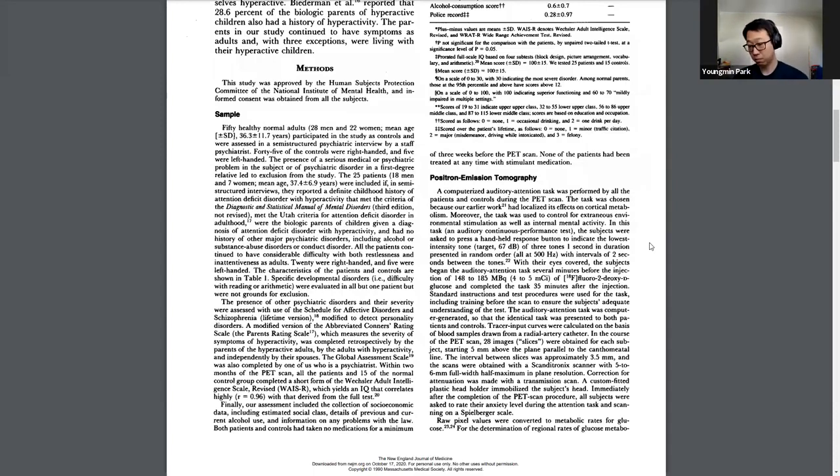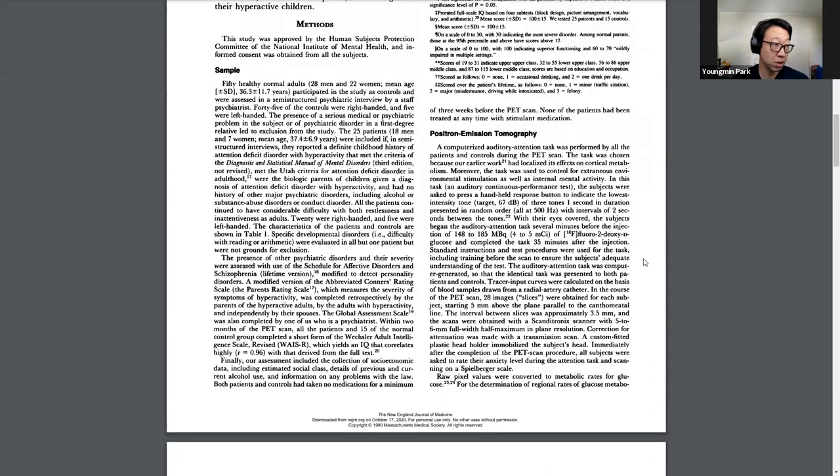Really cool, there's a lot of really cool physics involved in that. And that's the basic idea behind it. There's radioactive decay, and it's detected by some machine, and you can pinpoint the approximate location of where a relatively large amount of sugar was being used, which correlates to brain activity.